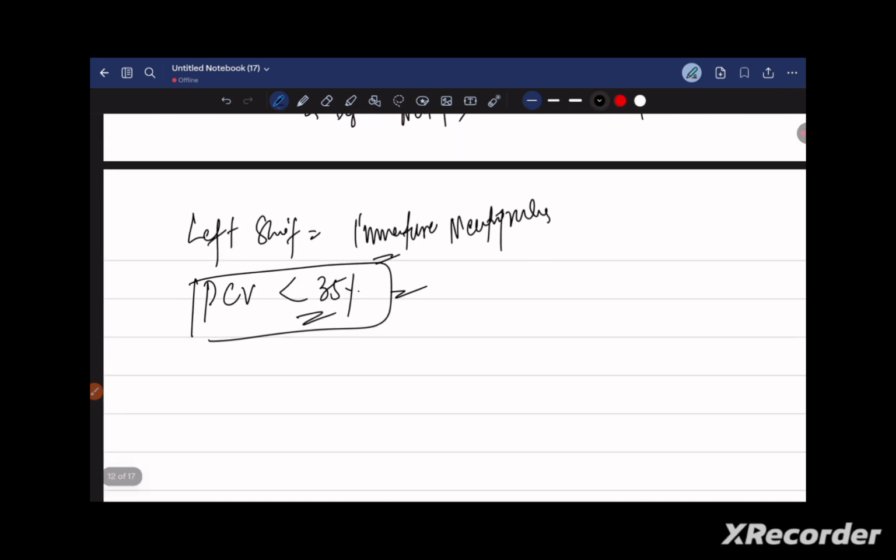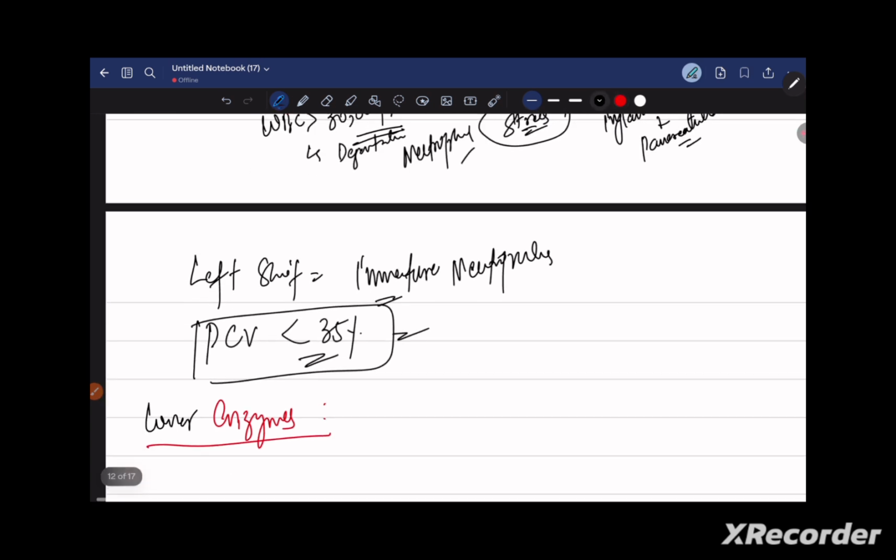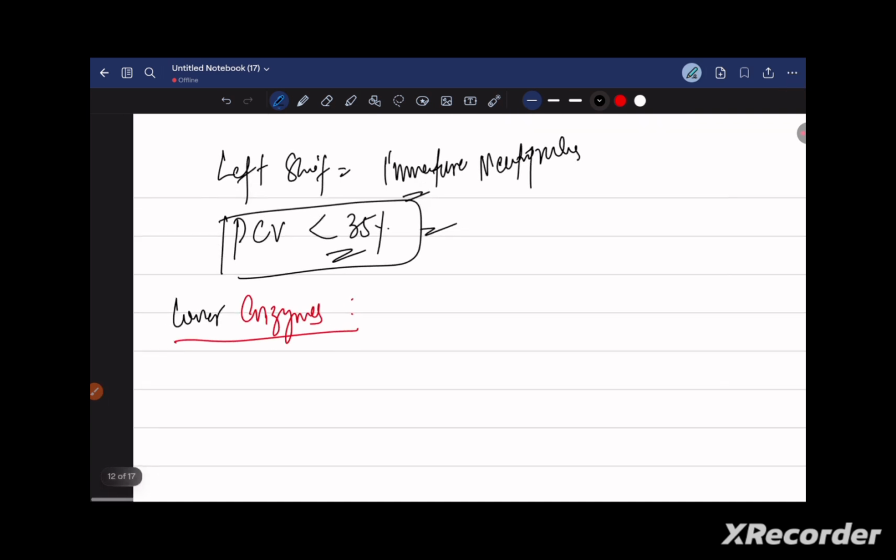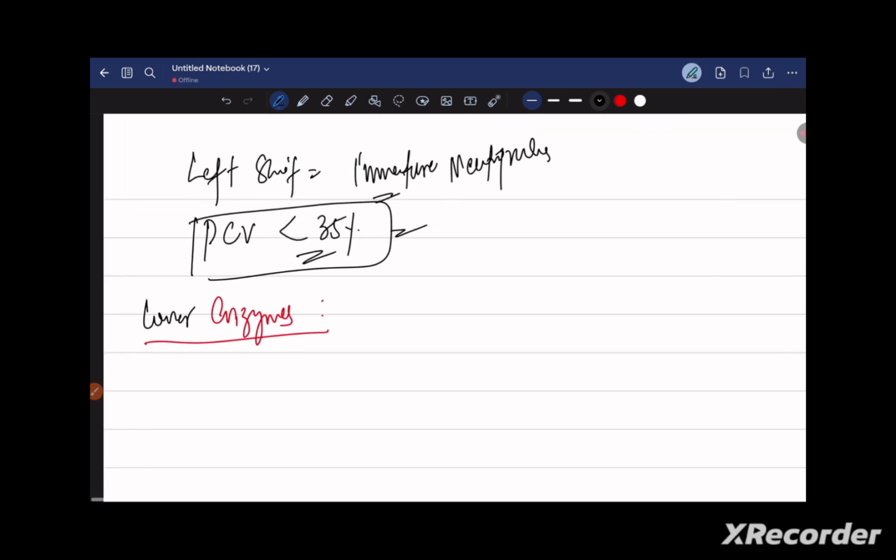What will happen to the liver enzymes? As I told you, there is overwhelming of the liver by these fatty acids, so it will lead to the commonly seen hepatic lipidosis.